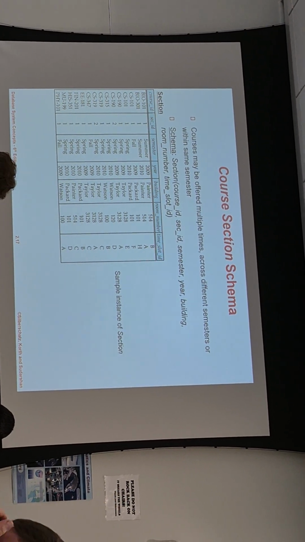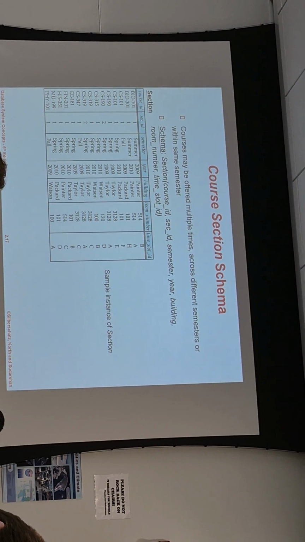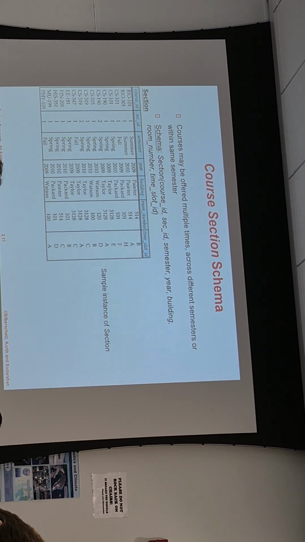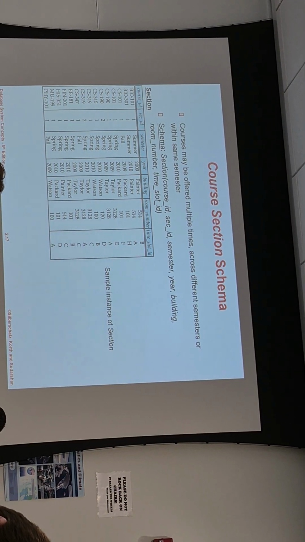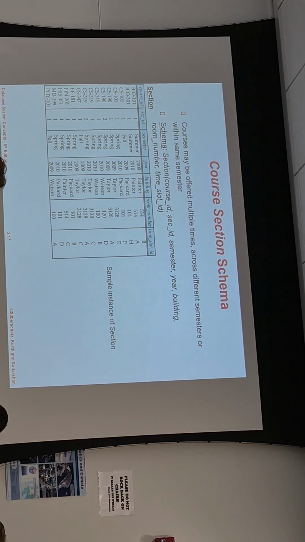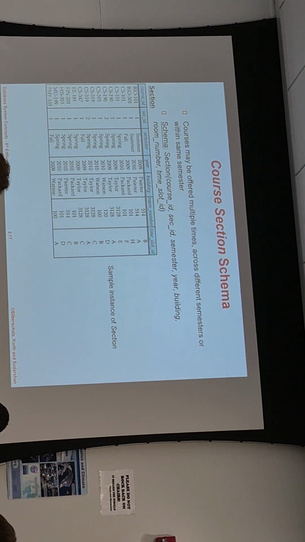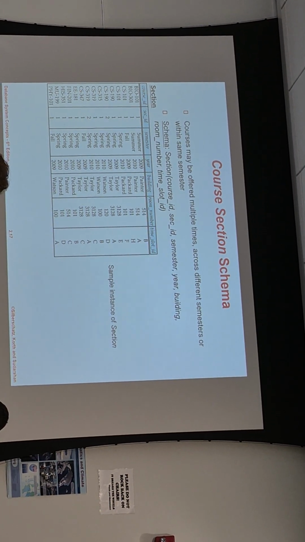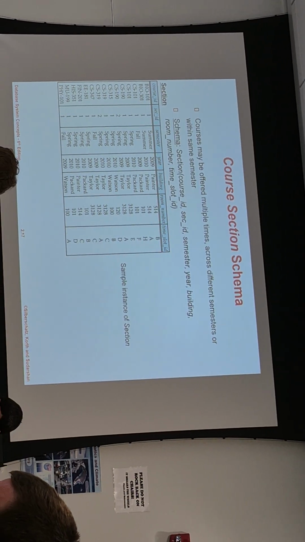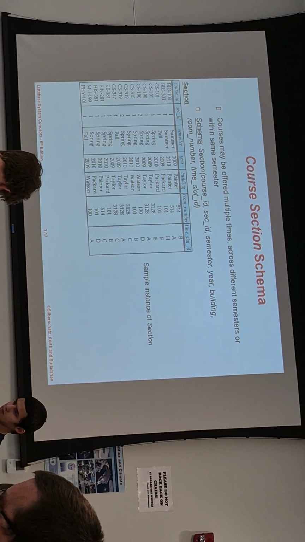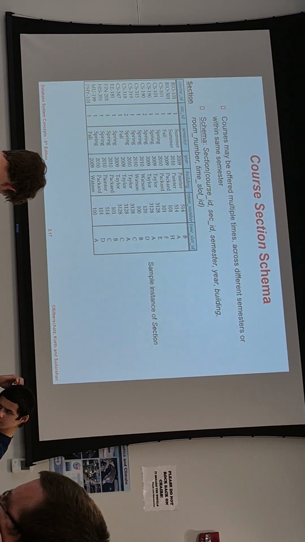But that makes sense for sections, right? That's what you would expect. If you have to represent a section as an object variable or as a concept within this database, this is a decent way of figuring out how to represent that.